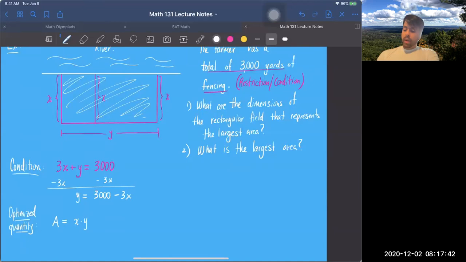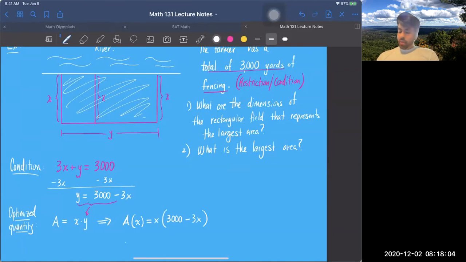And then I can do what? Then I can sub this into the y value here, and then what would I get? I would get the area as a function of x, which would equal x multiplied by 3,000 minus 3x.